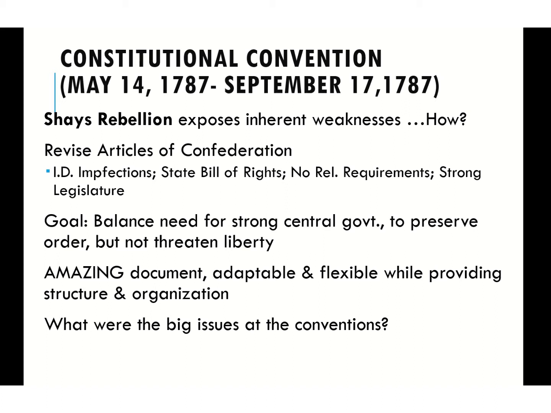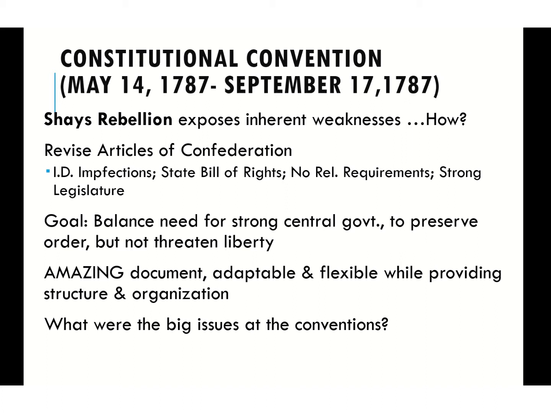The goal of the convention was to revise the Articles of Confederation. They knew there were imperfections. There were state bills of rights. There was really no relative requirements on how states would relate to each other. Strong legislature really didn't exist. There was no enforcement.